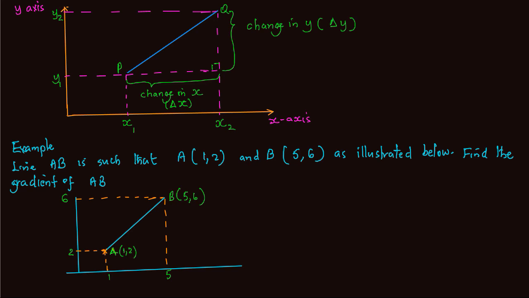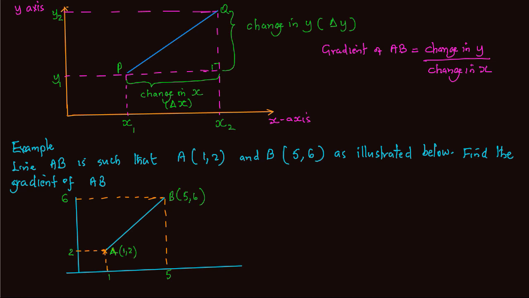So the gradient of line AB is defined as change in y over change in x.